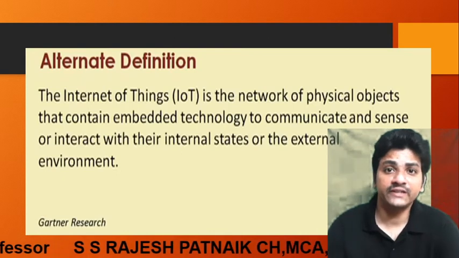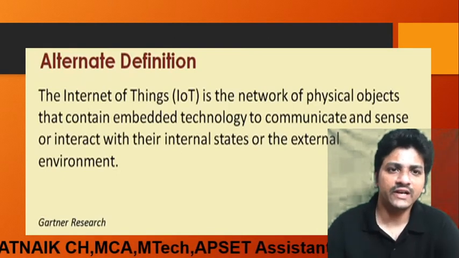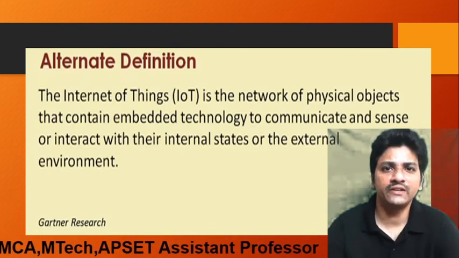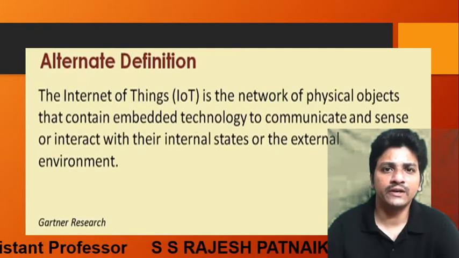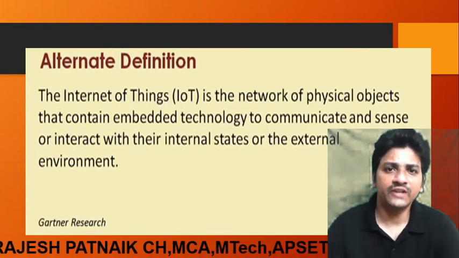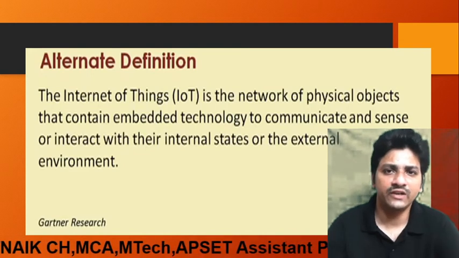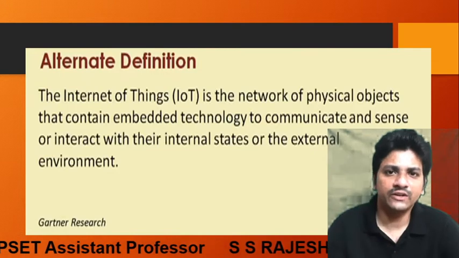In real time, the internet is the major resource for storing global data. That's why whenever an object is connected to the internet, it is called the Internet of Things. The thing is nothing but an object.